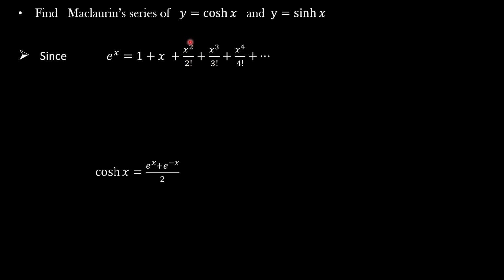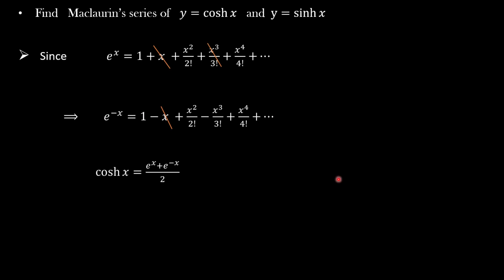Students, just make a note of it as exponential is a standard function, hence you have to remember the series expansion of it. Similarly, series expansion of e power minus x can be obtained by replacing x by minus x in the above expansion.